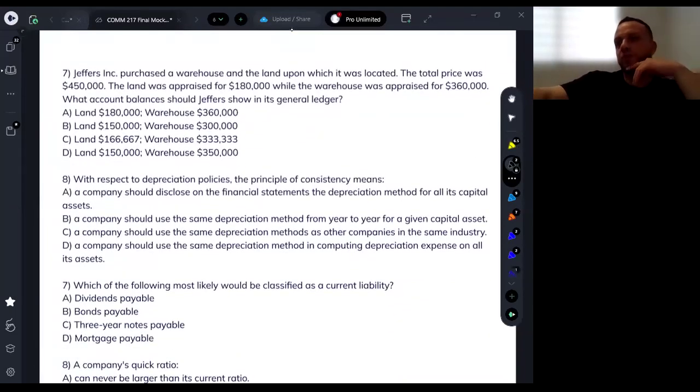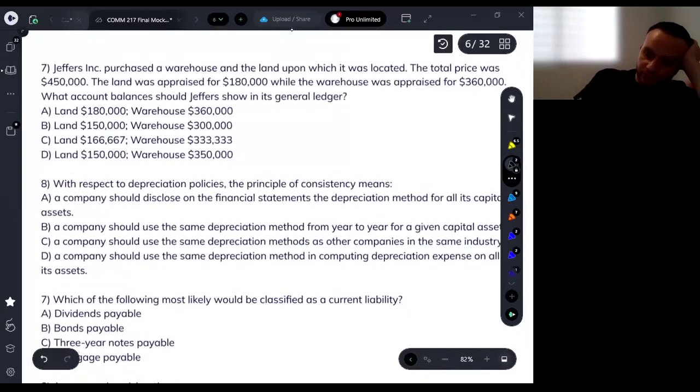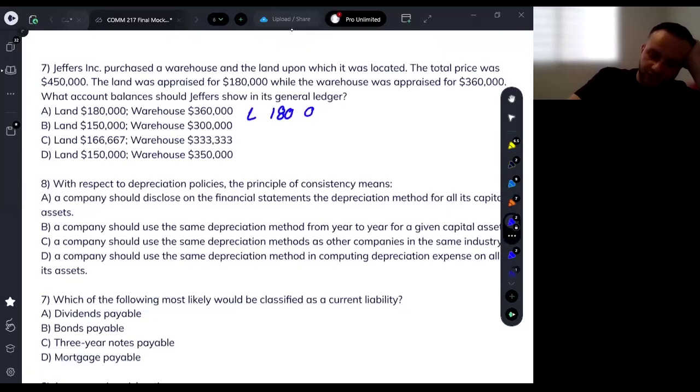Jeffers Inc. purchased a warehouse and the land upon which it was located. The total price was $450, and the land was appraised at $180, and the warehouse was appraised at $360. What balances should be shown? So basically, the land is $180,000. The warehouse is $360.